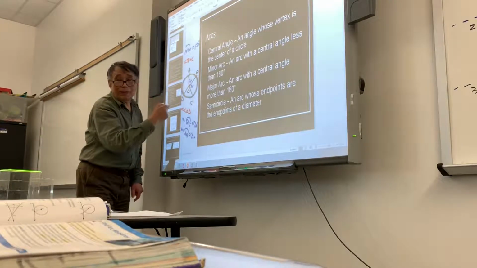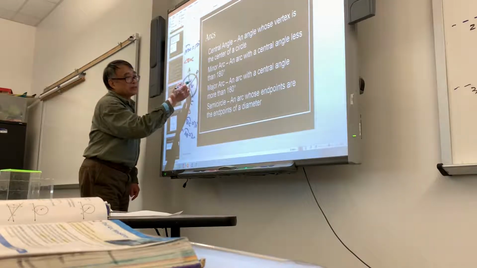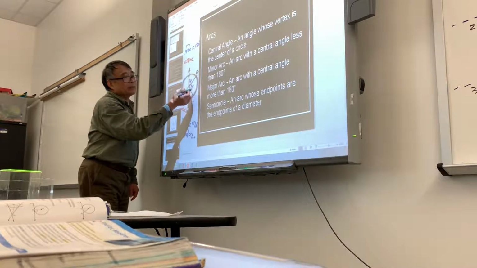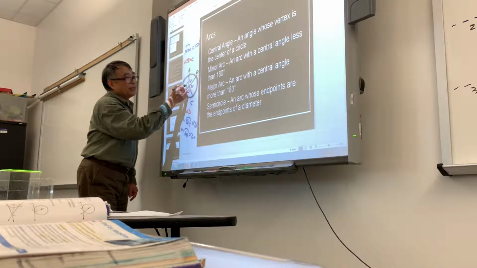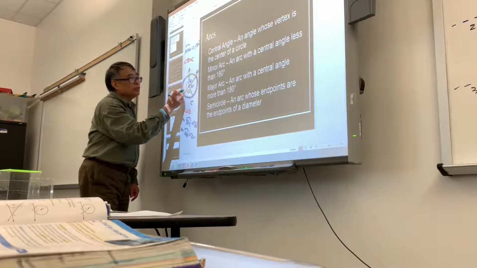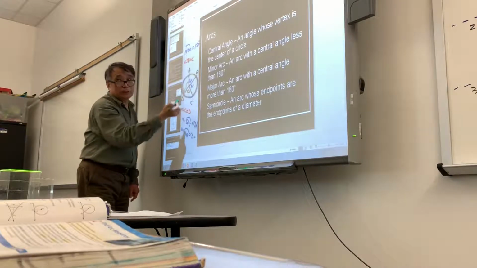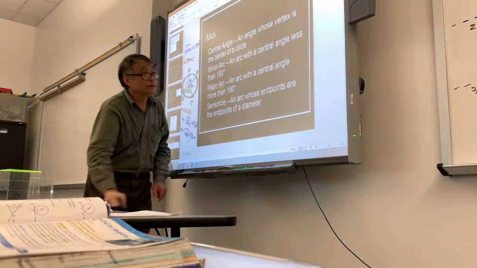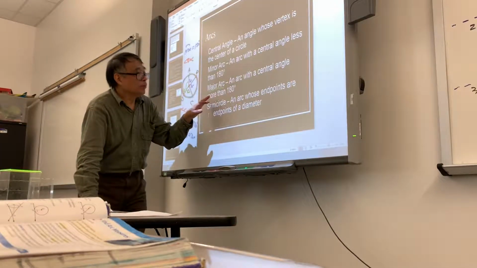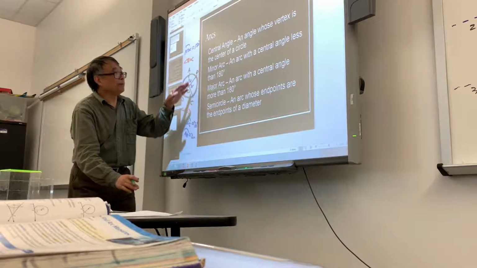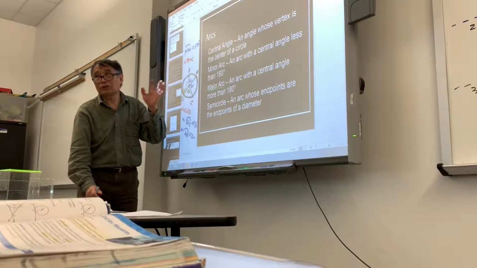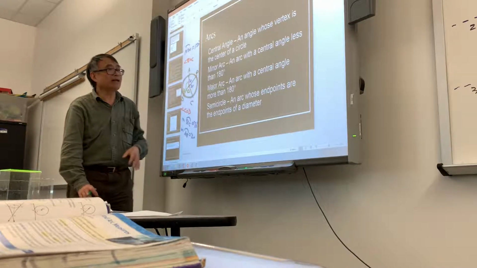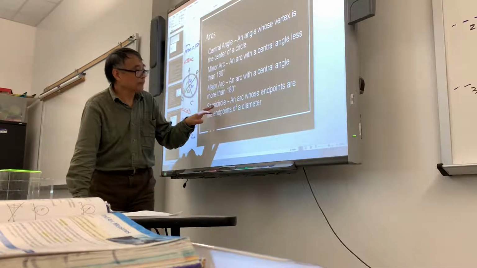If more than 180 degrees, for instance, 30 plus 70 is 100, this one should be what? 260 degrees. If this is 100, this is 260 degrees. 260 is what? Is a major arc. Central angle more than 180 means the measurement is more than 180, is major arc.